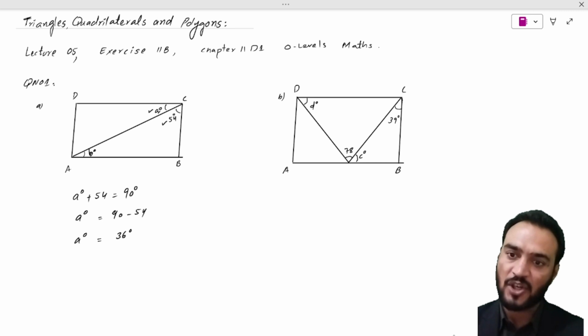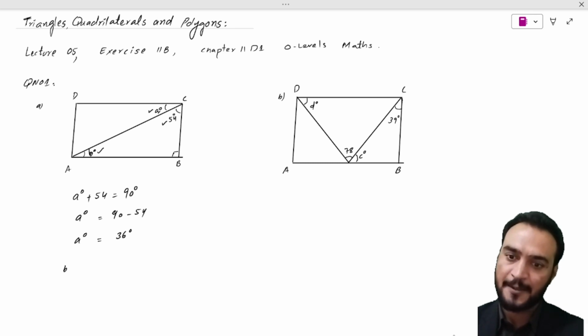Now consider the triangle ABC, where B degree is to be found, and the next angle is 54 degrees, and the third angle is obviously 90 degrees, because all the interior angles of a rectangle are right angles or 90-degree angles.